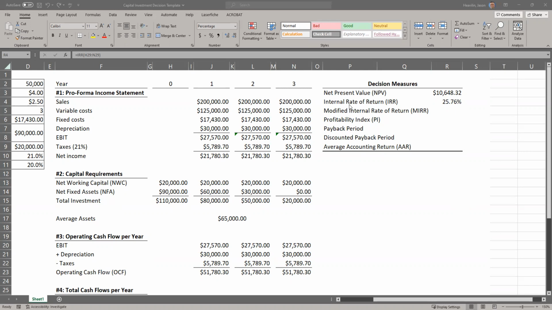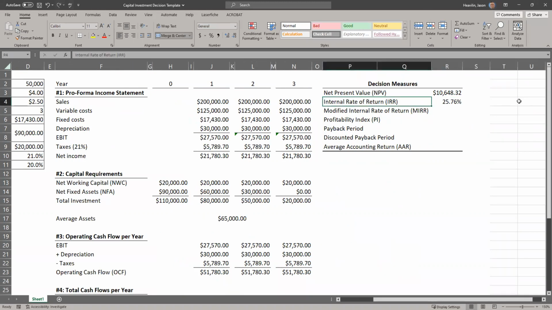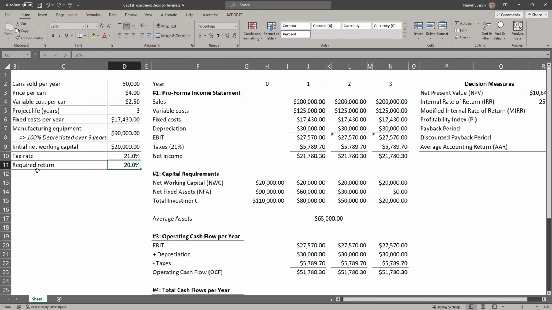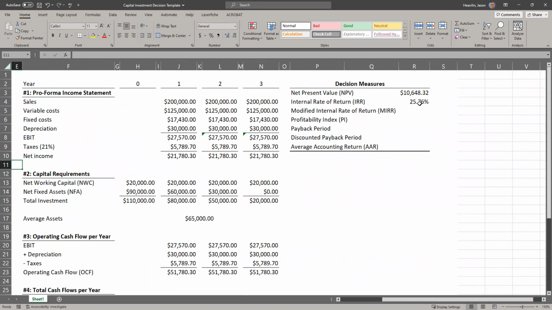The way you use this is you compare it against your required return. And if you are getting more return percentage-wise than the 20% required return you have here, then yes, you accept the project. You're getting more than what you are required to get for this type of project. Typically, when NPV is positive, this will also be higher than the required return.